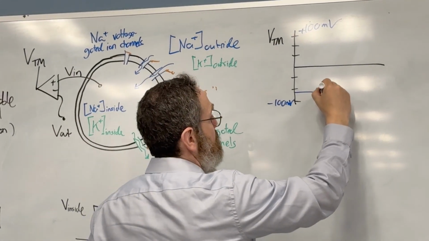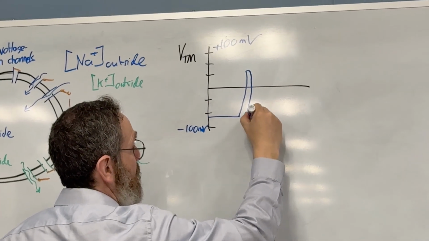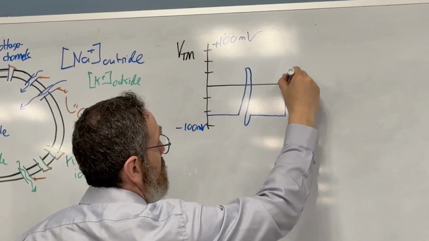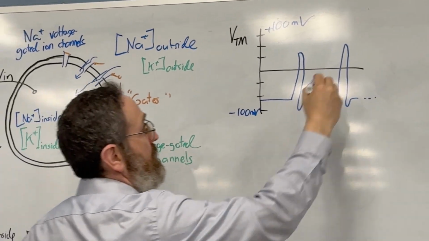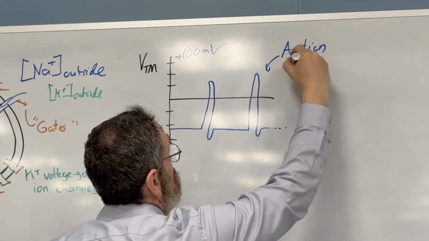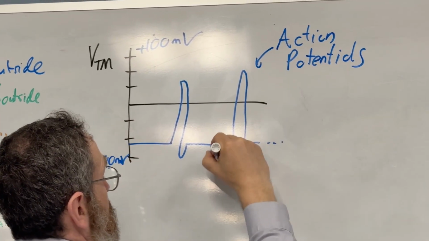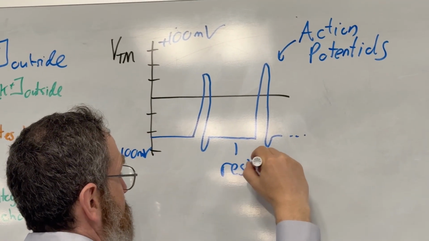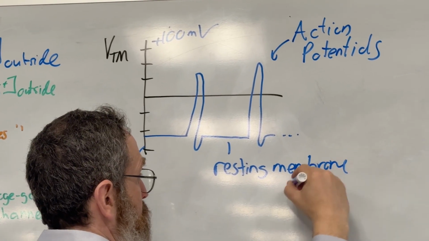And every now and then there is this spike that comes up, it comes back and comes down, and then there might be a little while later another one, right? And so these are our action potentials, and this is our resting membrane potential.